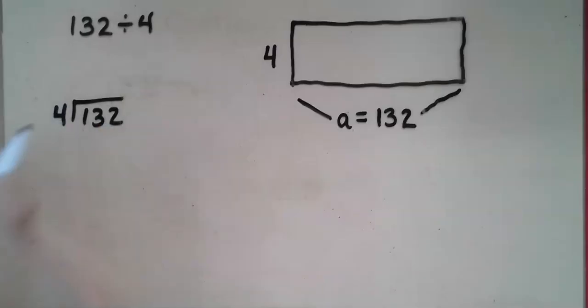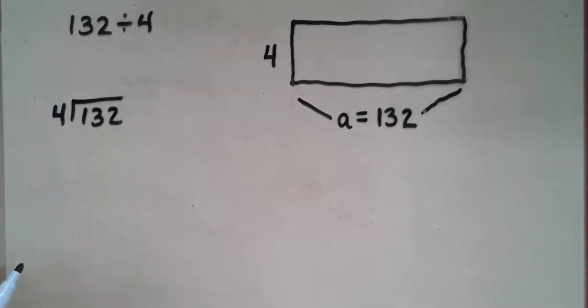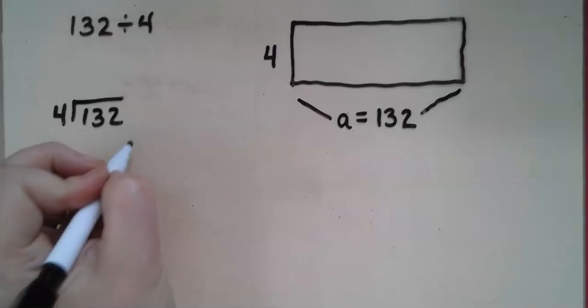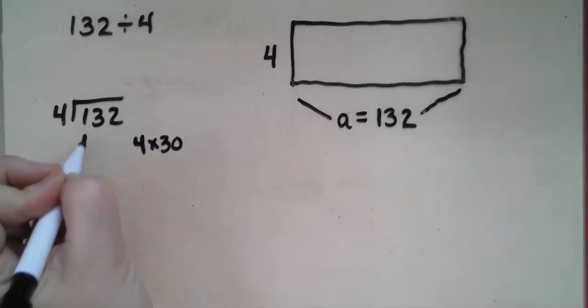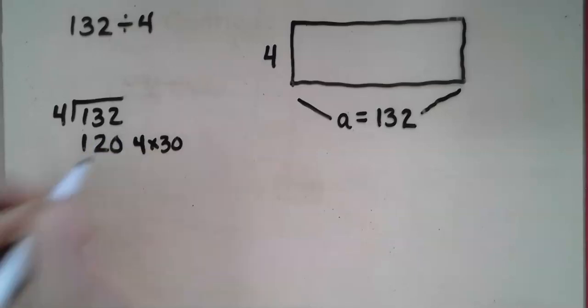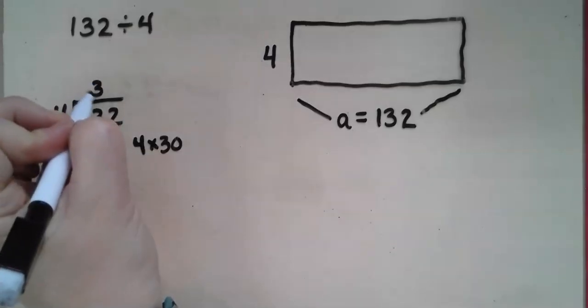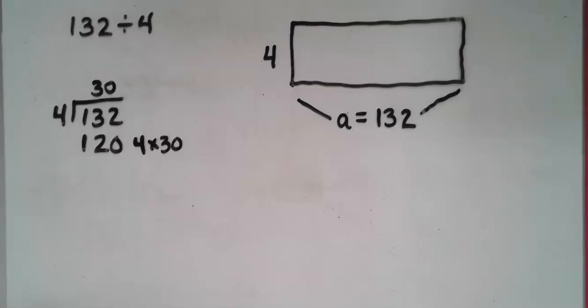So when I divide by 4 and I look at the number 132, as an adult, the first thing that comes to my mind is 4 times 30 is equal to 120. So I'm going to put a 30 up here because that was my first partial quotient.